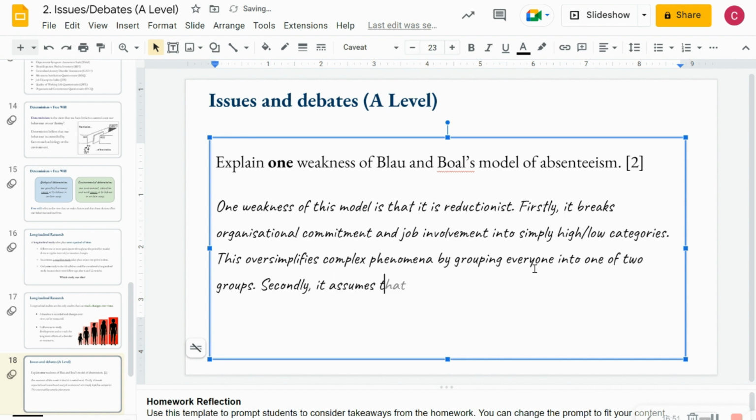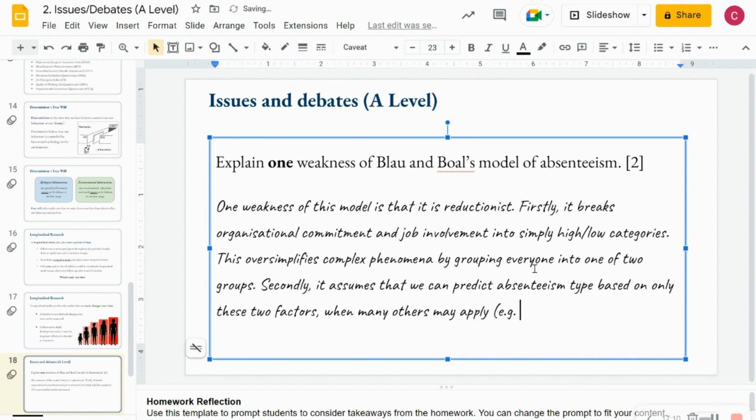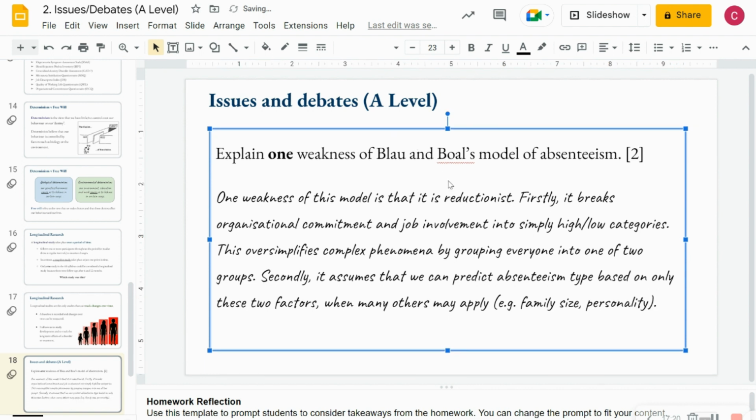Secondly, it assumes that we can predict absenteeism type based on only these two factors, when many others may apply, e.g., family size and personality. That is why it's reductionist.